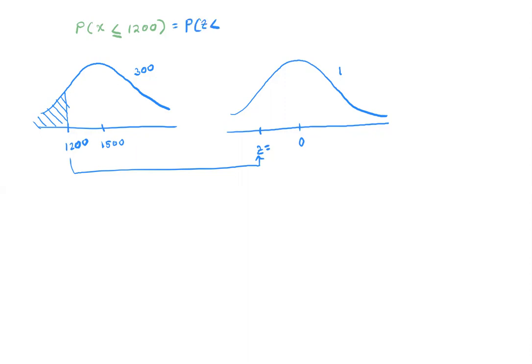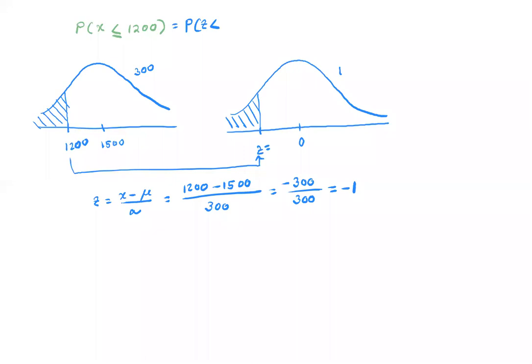So this area is going to be less than that. Now, how do I find this value? Easy. Z is equal to x minus mu over sigma, or x is 1,200 minus mu is 1,500 divided by 300, which is negative 300 on the top. 1,200 minus 1,500 is negative 300 over 300 is -1.